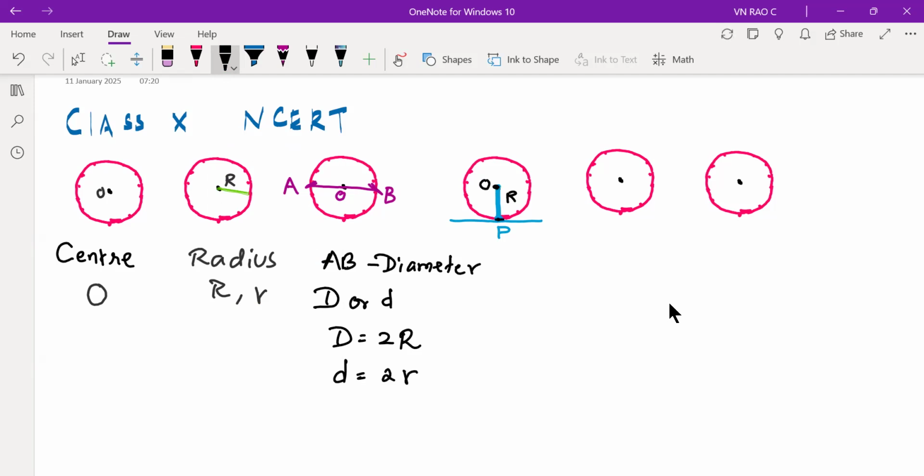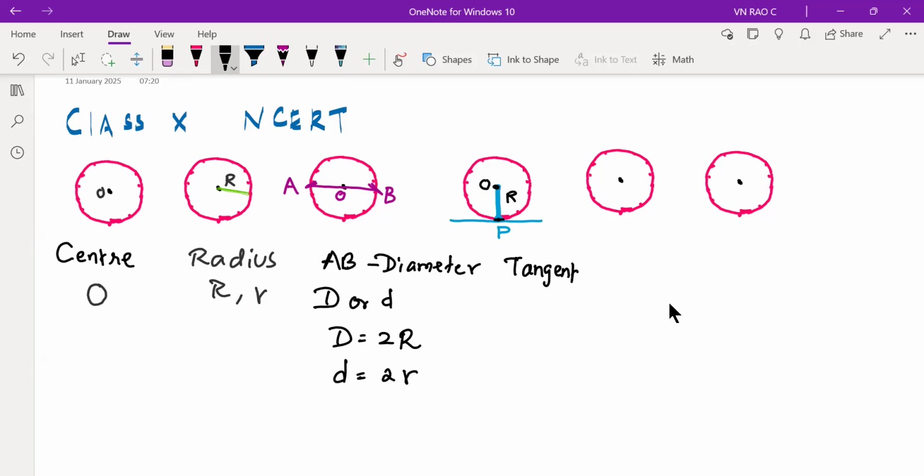This is known as a tangent of the circle at one point, that is P. So P becomes the point of contact.